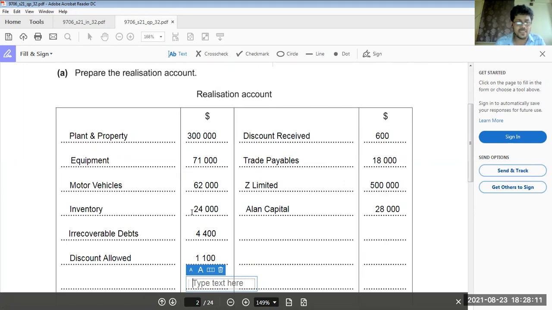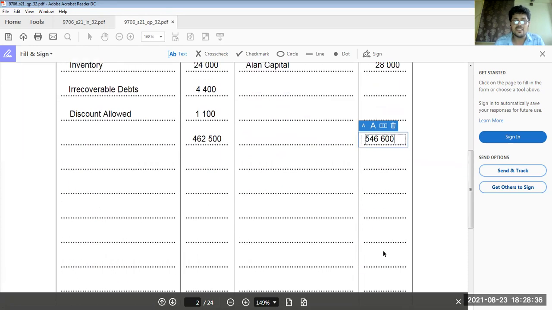Total is 462,500. Now, what is the total over here? 600 plus 18,000 plus 500,000 plus 28,000. The total is 546,600.